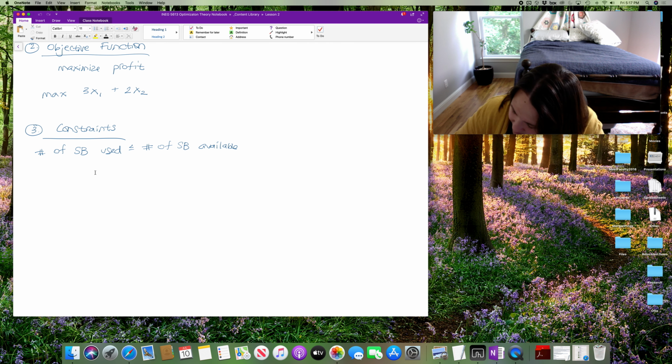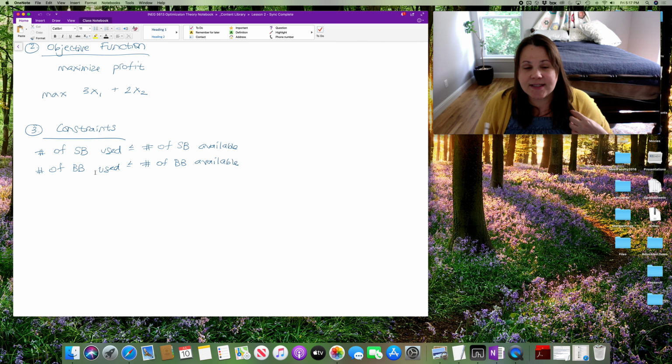We have the same thing, but for big bricks. So number of big bricks, I'm going to shorthand BB, used is less than or equal to the number of big bricks available. This is different than saying we have 10 small bricks, we have 8 big bricks. We're imposing some limitation or constraint on our action.